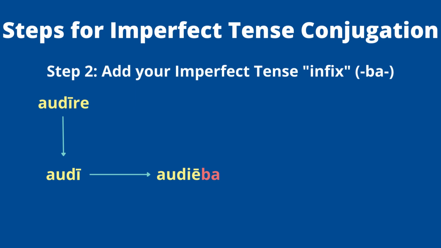Instead of adding my endings, I'm going to stick something in between and then add my endings. What I put there is ba. This is the imperfect tense infix. Ba is the giveaway that you're dealing with imperfect tense. So if I had audire, I would put audi and then put the ba. It becomes audiebam, and I'll explain why the e is there in a second. But just understand that you're sticking a ba onto the stem.